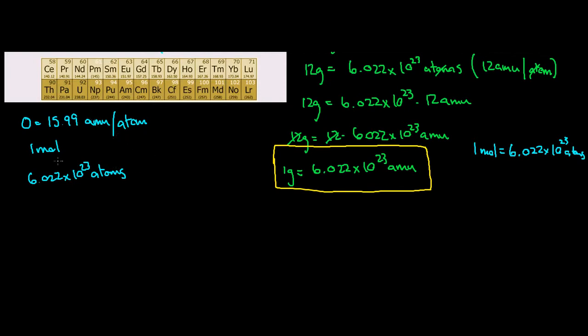Each atom having a mass of 15.99 atomic mass units per atom.